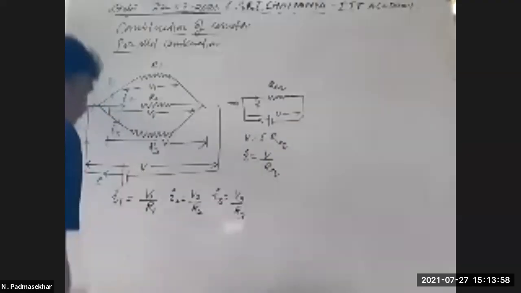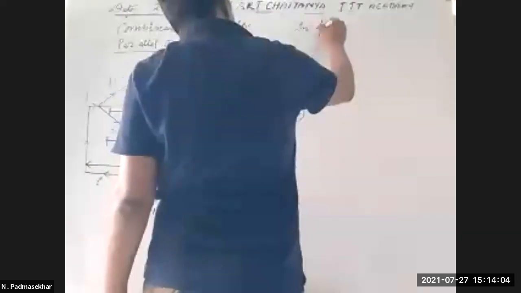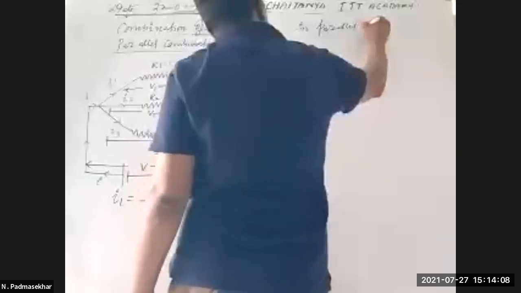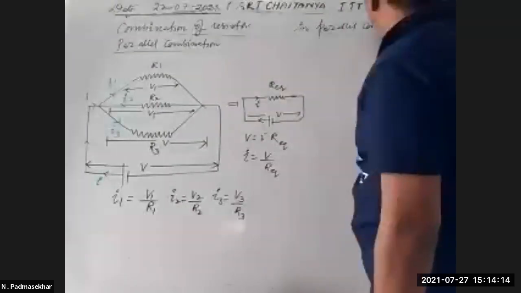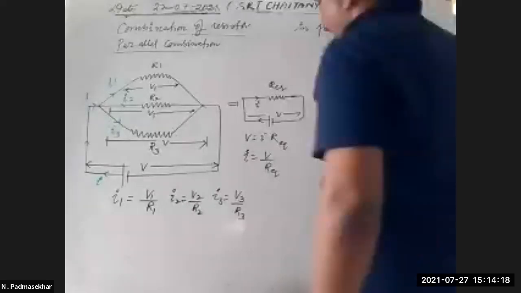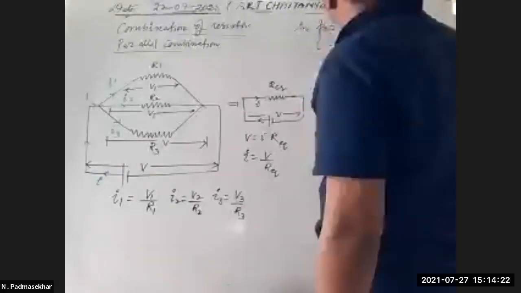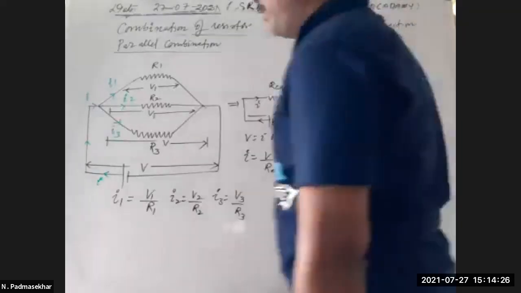So here, in parallel combination, I is equal to I1 plus I2 plus I3.